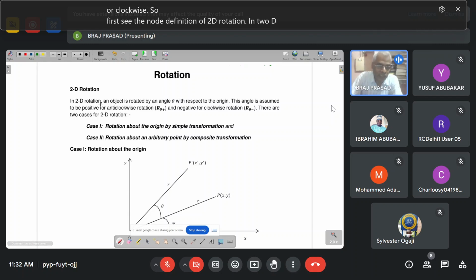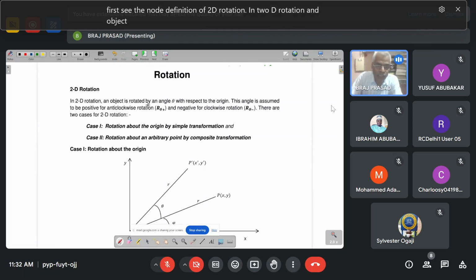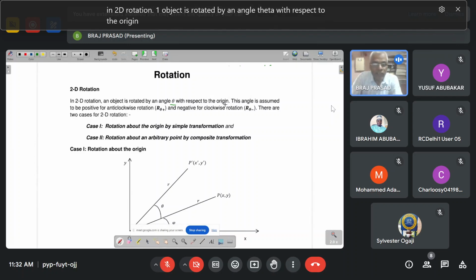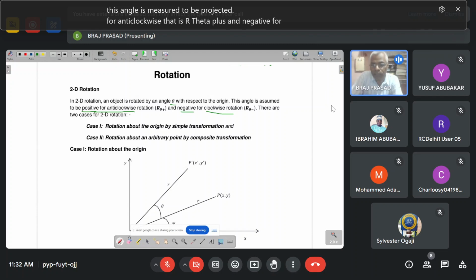In 2D rotation, an object is rotated by an angle theta with respect to the origin. This angle is measured to be positive for anti-clockwise, that is R theta plus, and negative for clockwise rotation, that is R theta minus.